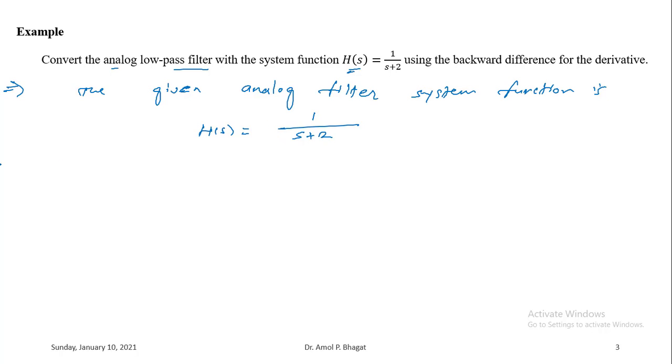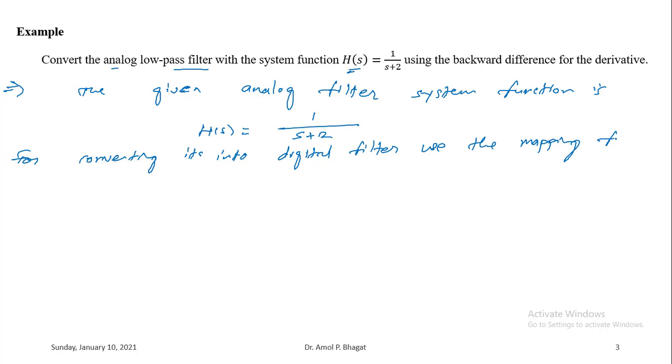For converting it into a digital filter, use the mapping function for the backward difference for the derivative.